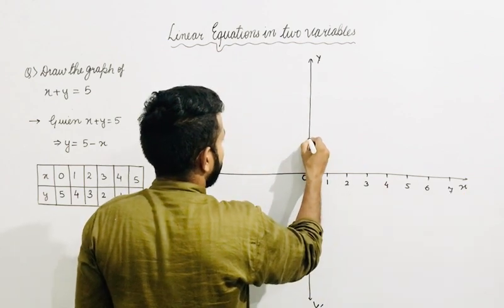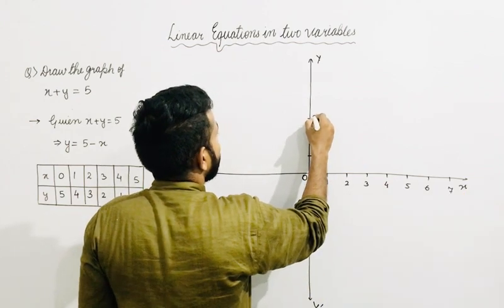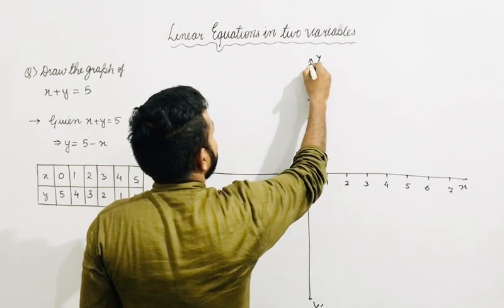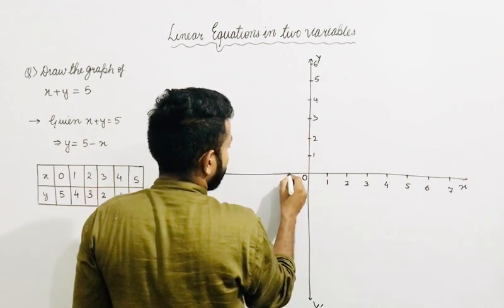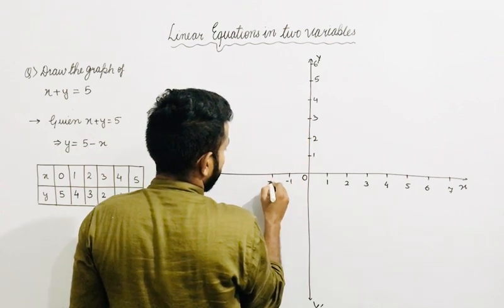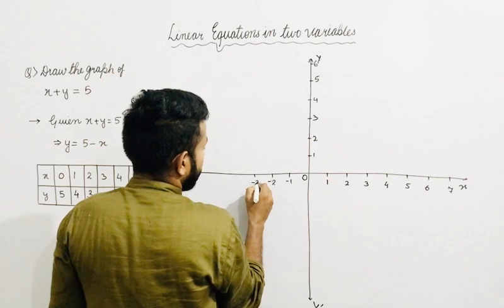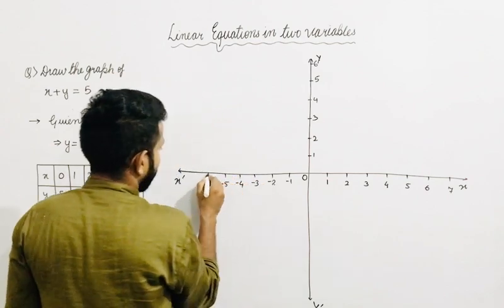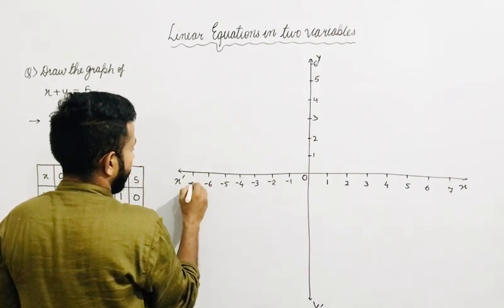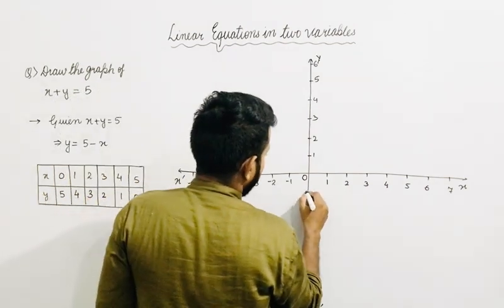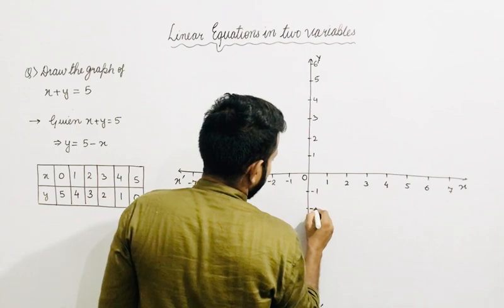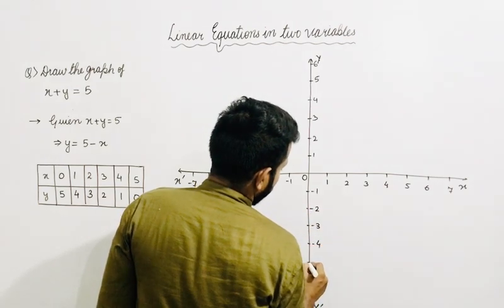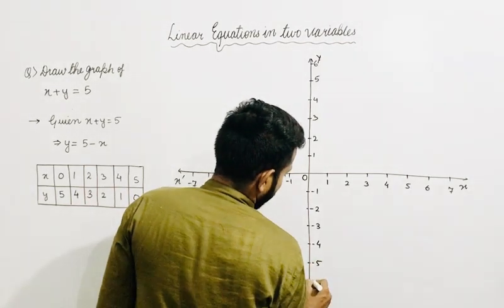This is 1, 2, 3, 4, 5, 6. Minus 1, minus 2, minus 3, minus 4, minus 5, minus 6, minus 7. This is minus 1, minus 2, minus 3, minus 4, minus 5, minus 6.